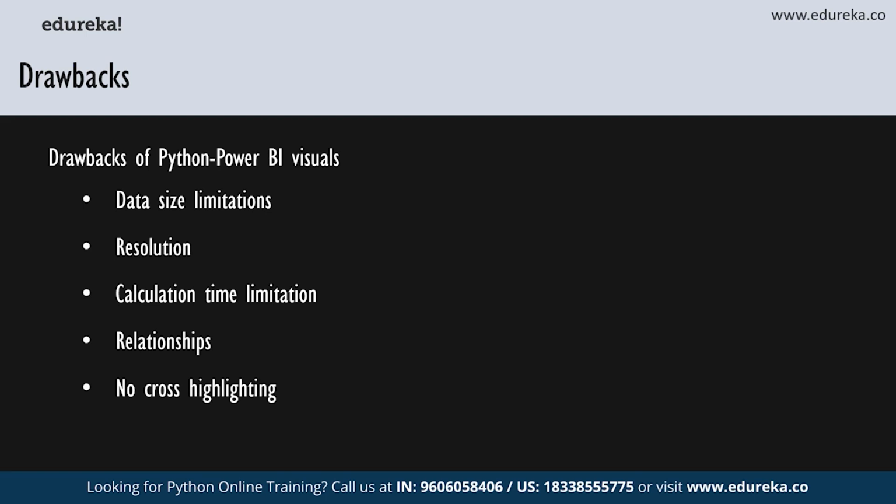Which obviously gives rise to the next problem, which is that Python visuals respond to highlighting other visuals, but you can't click on elements in the Python visual to cross-filter other elements. Pretty self-explanatory. And finally, only plots that are plotted to the Python default display device are displayed correctly on the canvas. So a good practice is to explicitly avoid using a different Python display device.